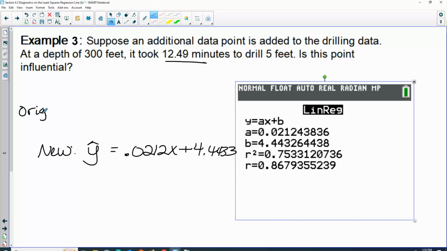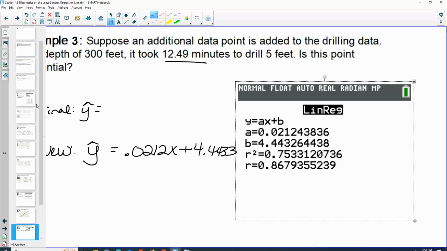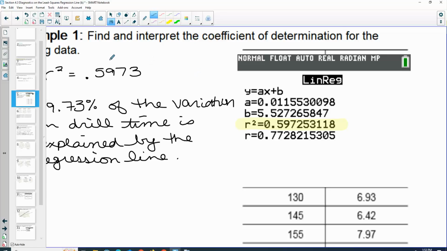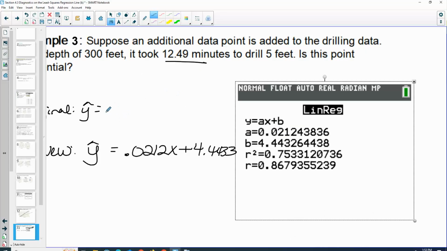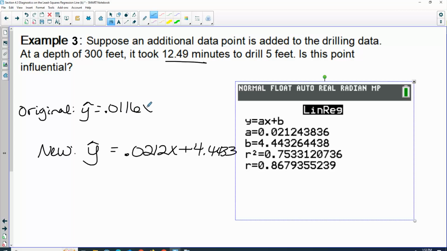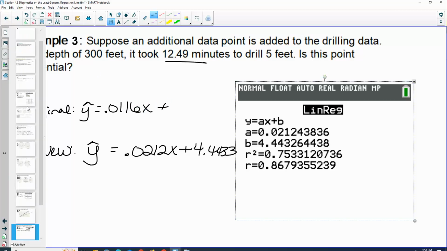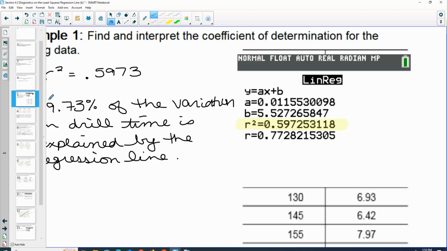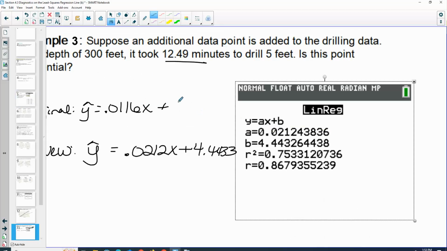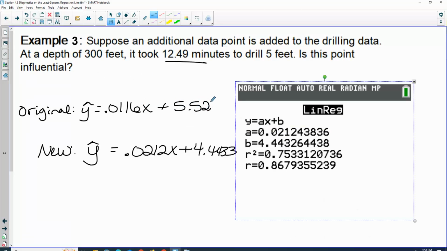The original line, I have that over here, 0.01116. Compare the old and the new one.